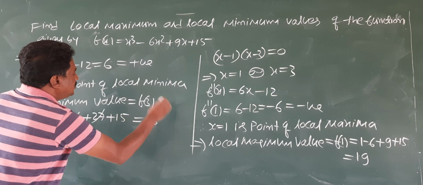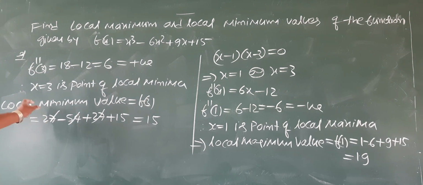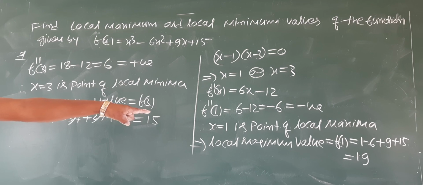So the answer is 15. How much is the local minimum value, students? 15. Local maximum value is 19. I hope you understood.